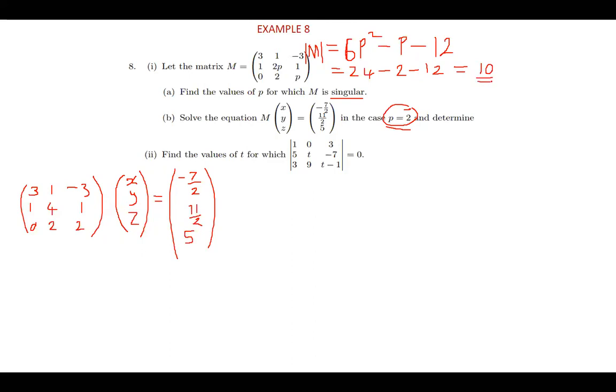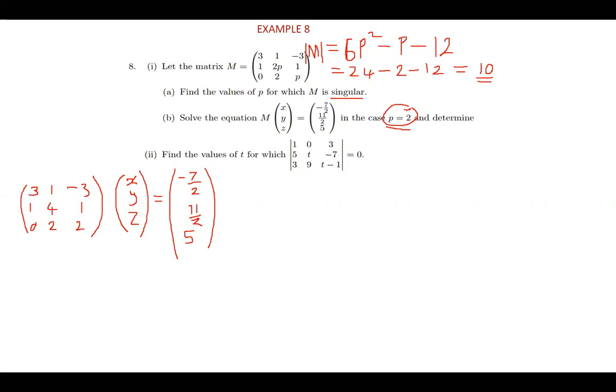So since we are using Cramer's rule to find the value of x, y, and z, actually this question is good because once you know how to use Cramer's rule here, on those questions where we're requested to use Cramer's rule, we'll not struggle with a lot of questions. So you first find the determinant.